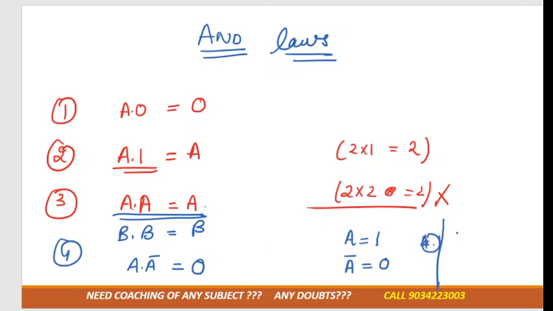Or we can take the other case, if A is equal to 0, because A can be either 1 or 0, right? Nothing more is possible. So if A is equal to 0, A bar would be equal to 1. So 1 into 0 is equal to 0 only. So A dot A bar is equal to 0 only. So these are the AND laws. Clear?